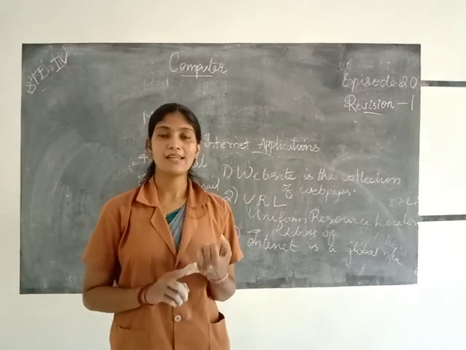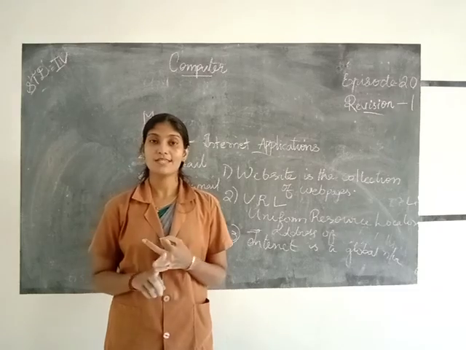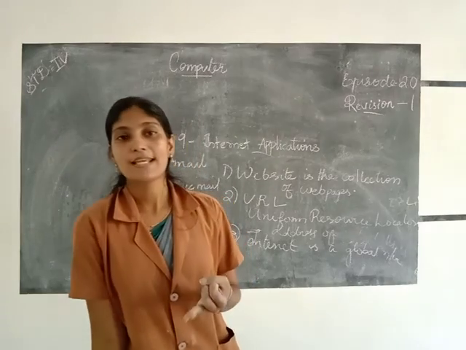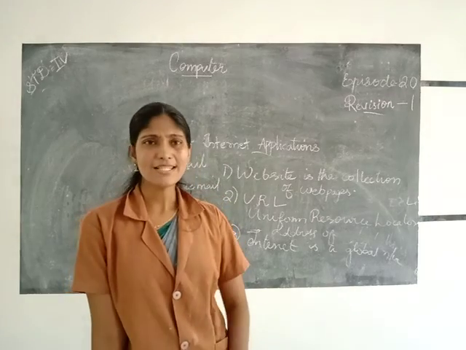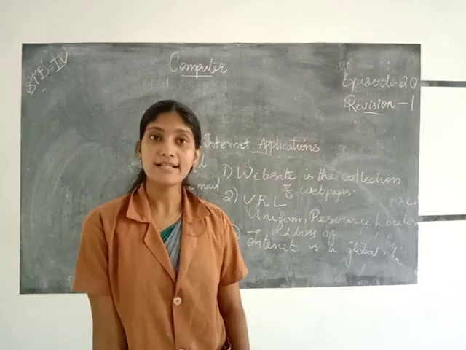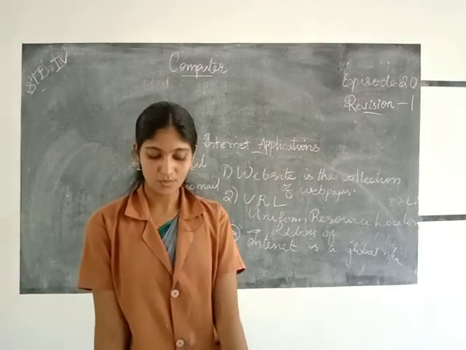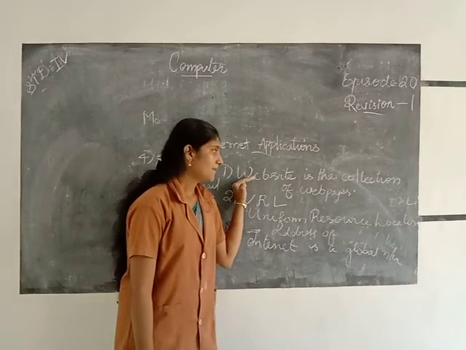Then, what are its main advantages? It is very fast. A message is received within seconds. And the second one is it is economical. Then, which is the instant way of communication? Chatting. So, what are the points? At first, we discussed website.